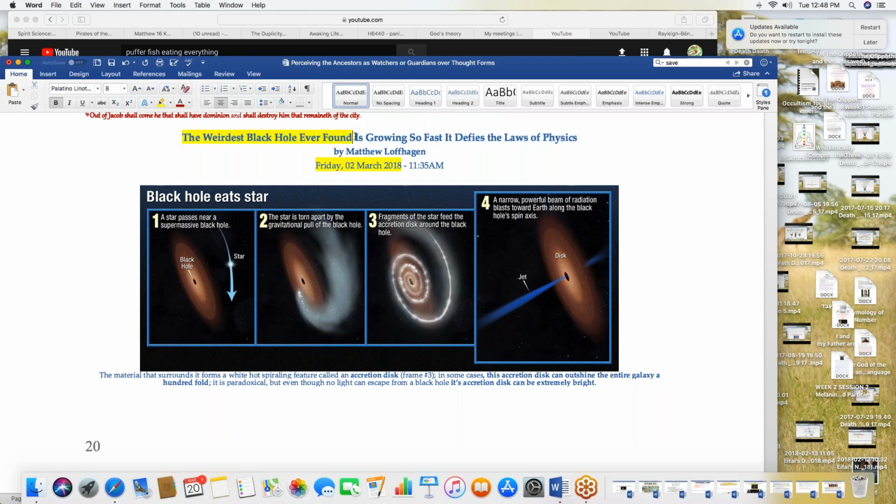And they say it is growing so fast, it defies the laws of physics. So throw out what you've known about black holes, that we're transforming the whole cosmos, because that's what you do. You focus your attention on something and everything changes.